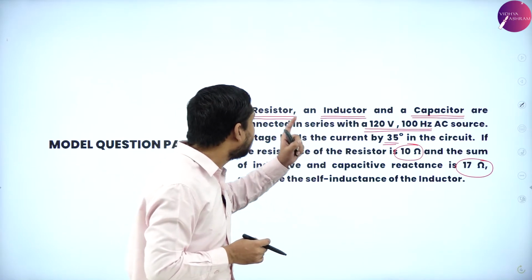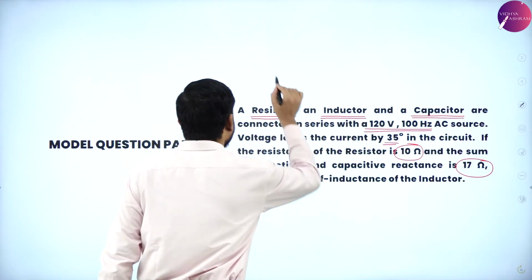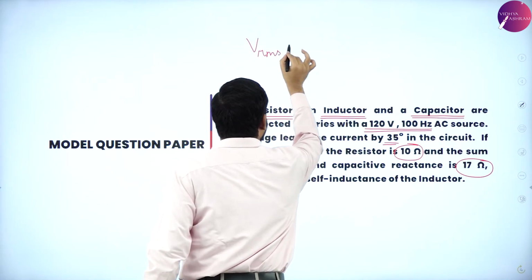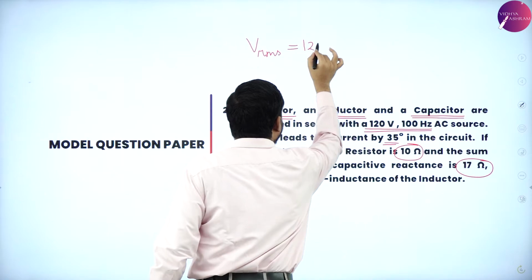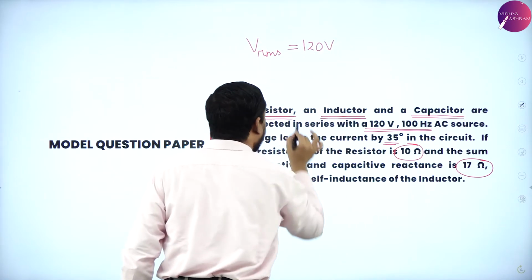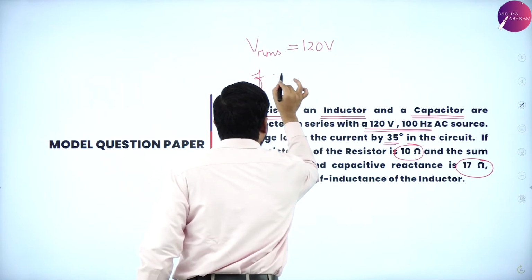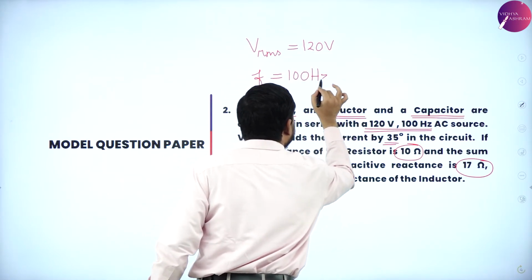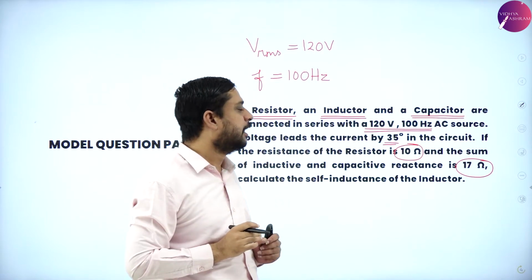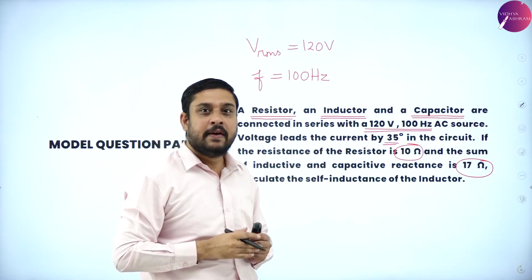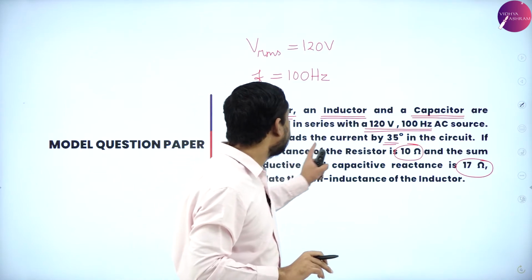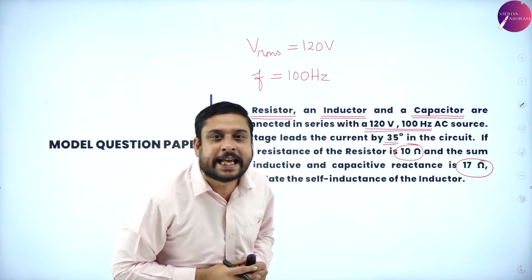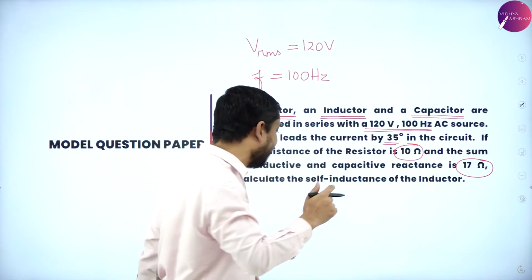Now, to begin with, he says VRMS is 120 volts and the applied frequency is 100 hertz. Very clearly, current is leading voltage by 35 degrees.